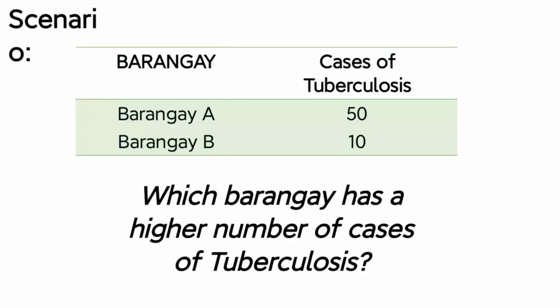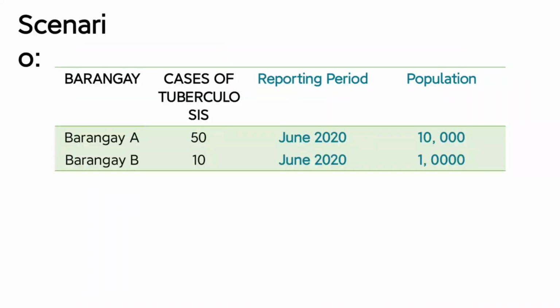But in epidemiology, this particular table is of limited utility. Ibig sabihin, hindi mo siya talaga magagamit. Next slide. In epidemiology, simple counts have limited utility. Sabi ko nga kanina, yung mga absolute values lang. That is not actually epidemiology.